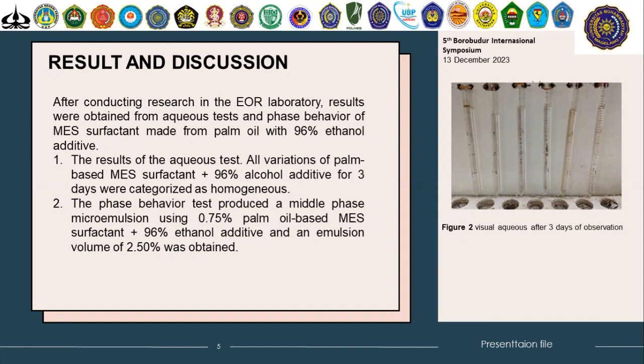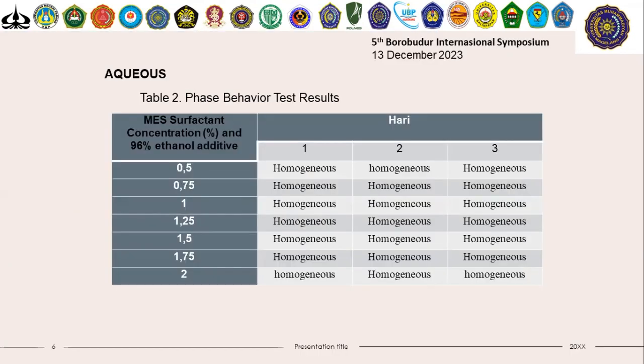And two, the phase behavior test produced a middle phase microemulsion using 0.75% ethanol beside mass surfactant plus 96% ethanol additive, and an emulsion volume of 2.5% was obtained. This is table 2, a phase behavior test result.